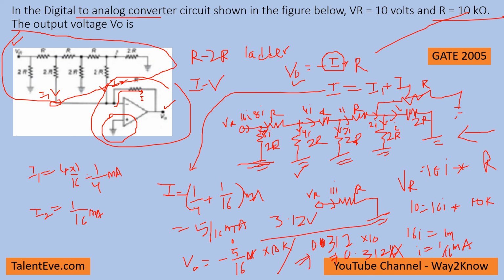So the output voltage for this given circuit with VR of 10 volts would be 3.12 volts.